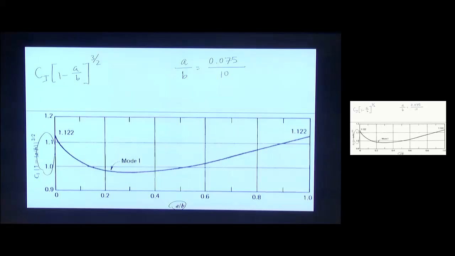So in our case, A over B, pretty low, kind of over here-ish, right? So we can read off 1.05. And if we solve that out, it comes to about 1.11. So it's not really too much of a factor.